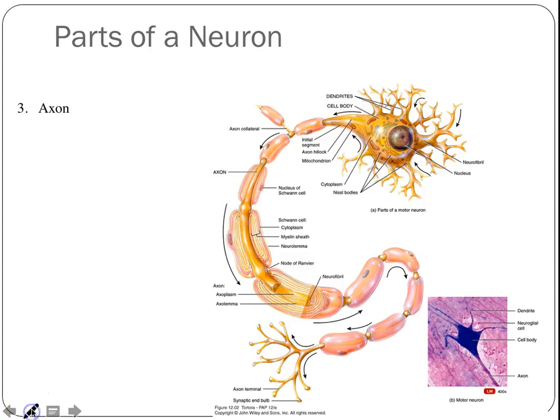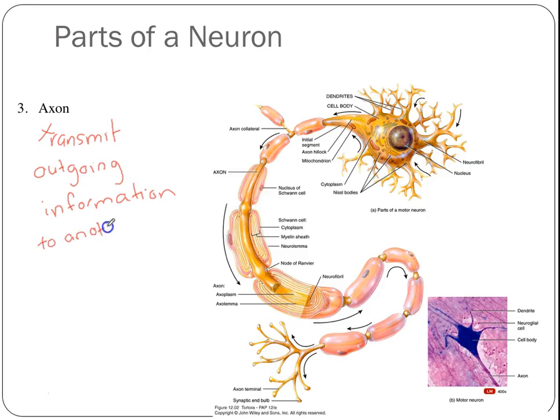So the axon is going to transmit outgoing information to another neuron, cell, muscle, or tissue.